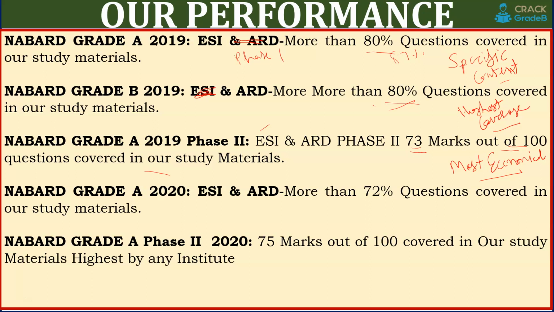So they know how to address current affairs, how to address government schemes, and what type of questions can be asked from a government scheme. You can see how we covered our schemes, and every important point that is asked in the exam is covered. A recent example is the AMRUT scheme in the 2021 RBI Grade B phase 2 exam, and previously the PMKVY in the NABARD phase 2 exam of 2021.